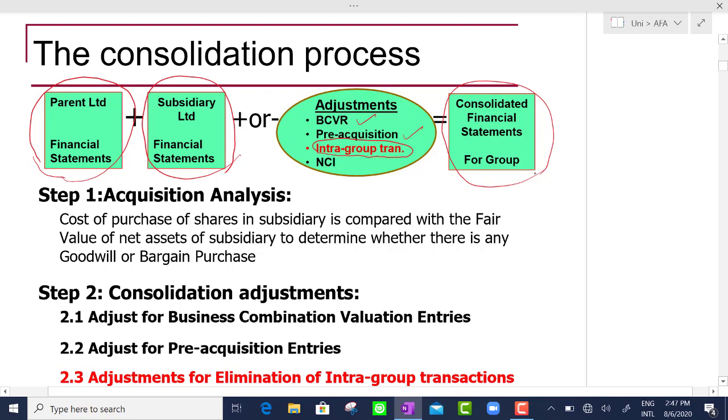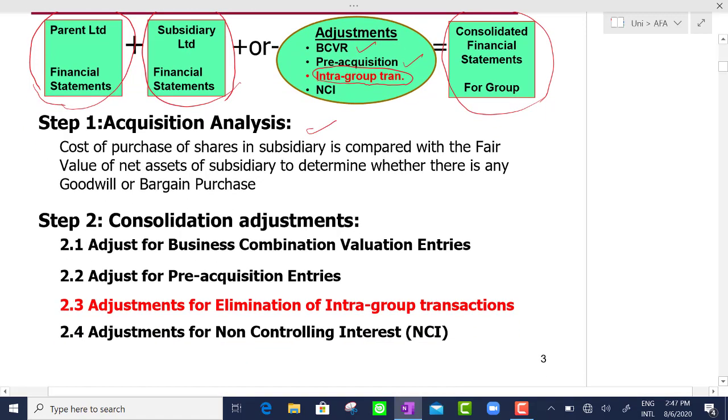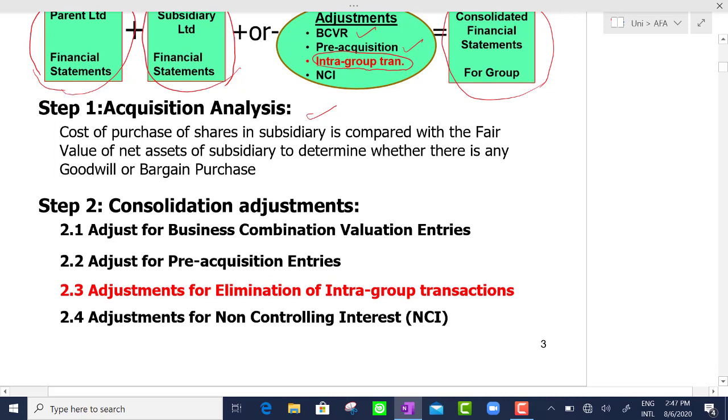Now we have undertaken the acquisition analysis. There we calculated the goodwill or gain on bargain purchase, right? Now in step number 2, we have done the consolidation adjustments number 1 and 2, business combination valuation entries, where you need to adjust the fair values of assets and liabilities acquired.